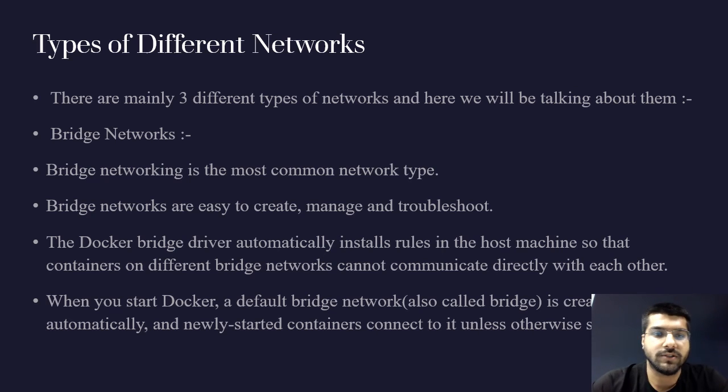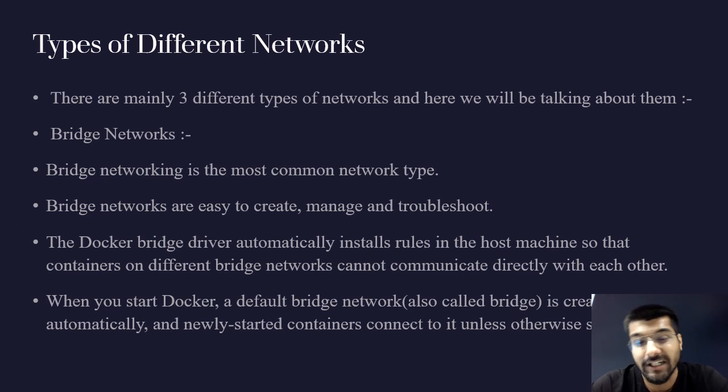Types of different networks. Now I'll be talking about the different types of Docker networks, and over here we have mainly taken only one, the bridge network, which is the most crucial one. On average there are more than three different types of networks, but here we'll only talk about the bridge networks. The bridge network is the most common network type.